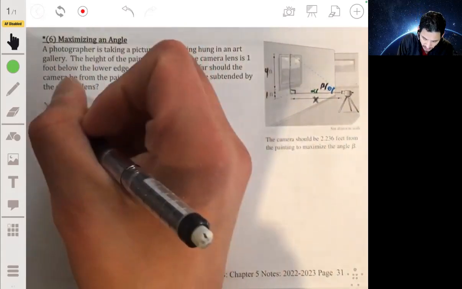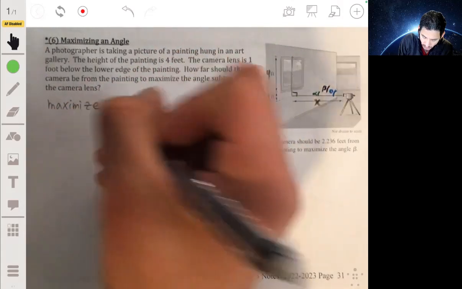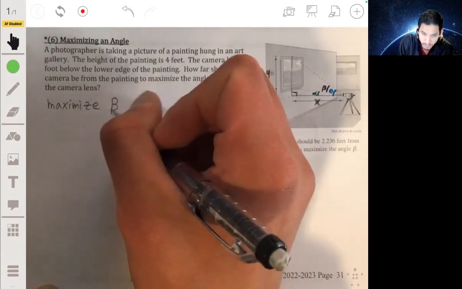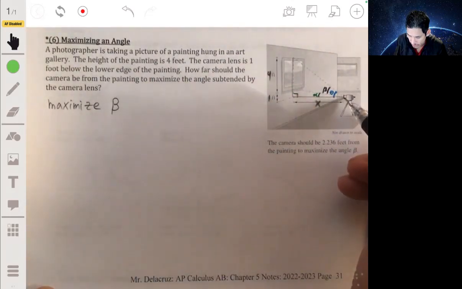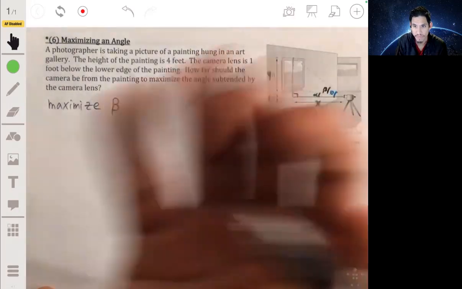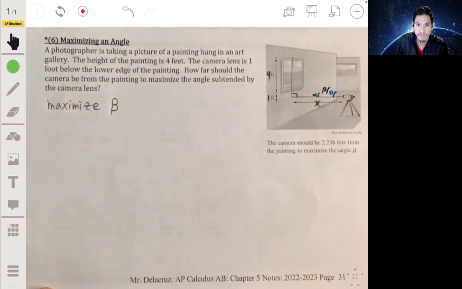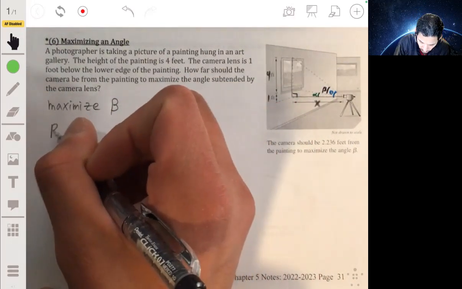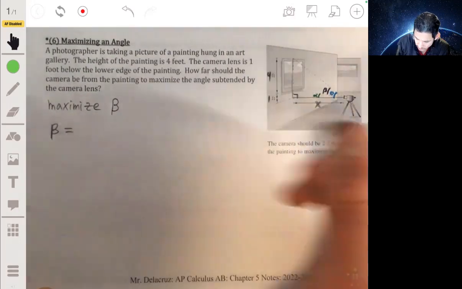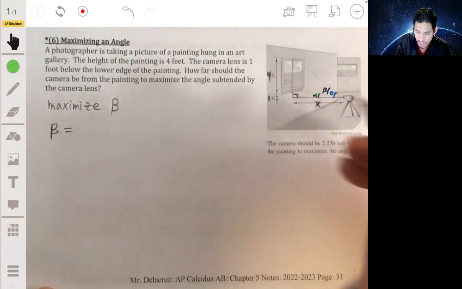So we want to maximize the angle beta. That's our goal. Because that's the angle that this camera lens is going to be, basically taking a picture of. And now beta, though, is equal to theta, the blue angle, minus the green angle.